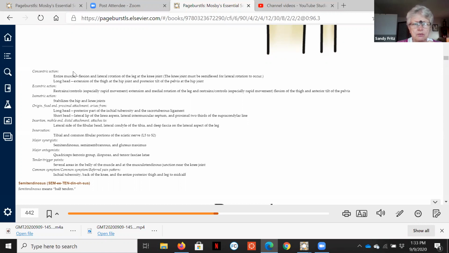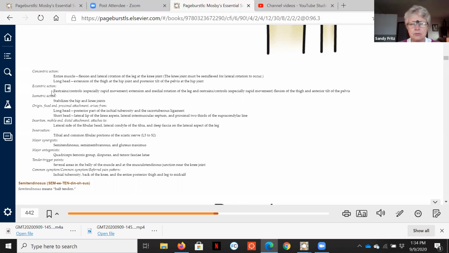So concentric is actually going to pull, and it's going to produce knee flexion. And eccentrically, it's going to control extension. So when that knee goes back out, it's going to do it in a very controlled fashion. It's not going to just drop.